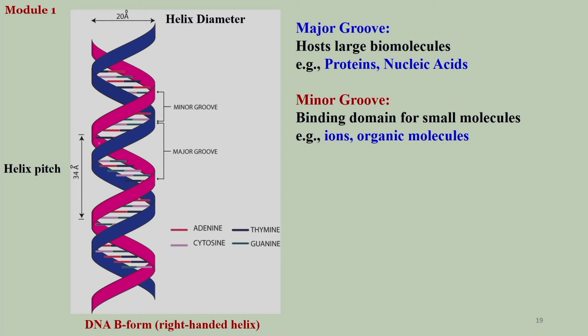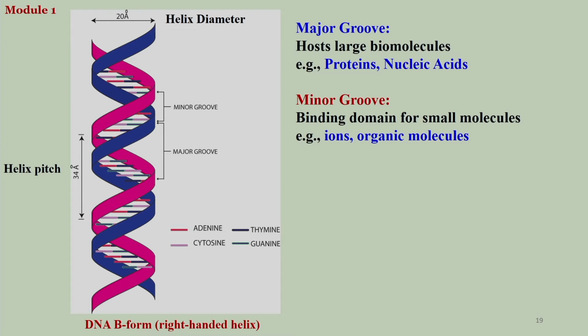So, there are a few features that are associated with the structure of this DNA. One is of course, that if you look at one complete turn of the helix, that is starting from here up to here, this distance is a complete turn of a helix.